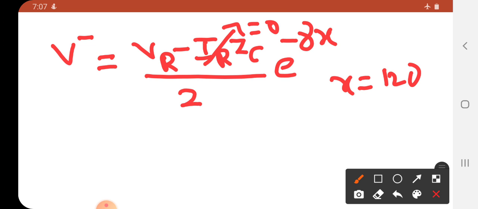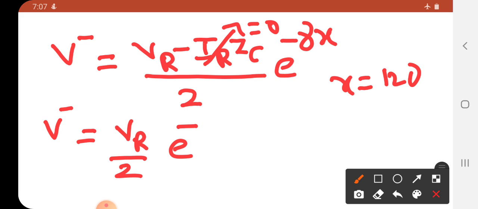So V minus is equal to VR by 2 into e power minus gamma, in the sense alpha plus j beta, into 120.